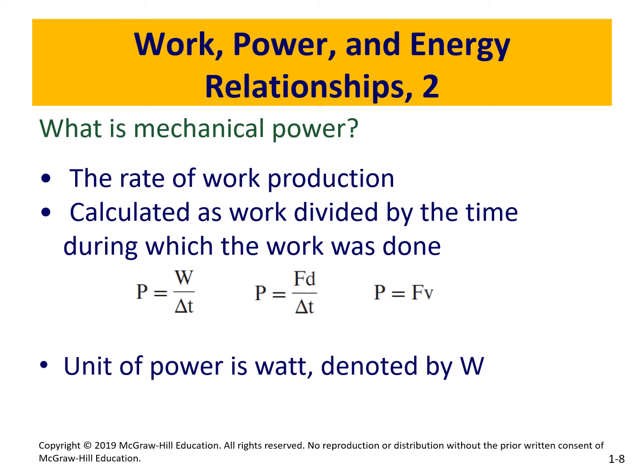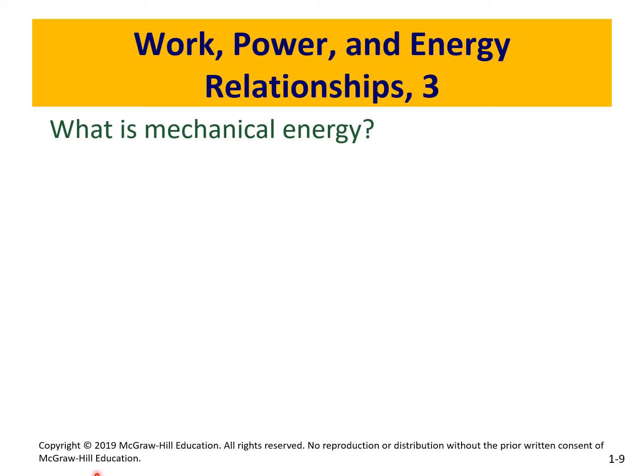So that's the power. Now energy, remember we have potential energy and kinetic energy. So the potential energy is mgh, the mass multiplied by the gravitational acceleration multiplied by the height, and the kinetic energy is half mv squared, right? Half multiplied by mass multiplied by velocity squared.